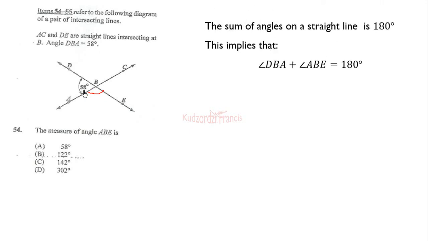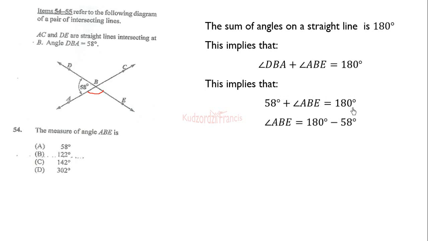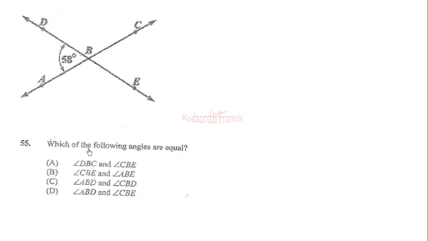So we have angle DBA plus ABE equal 180 degrees. So we substitute to get 58 plus ABE equal 180. Subtract 58 from both sides, then angle ABE equal 122 degrees. So this is the correct answer.